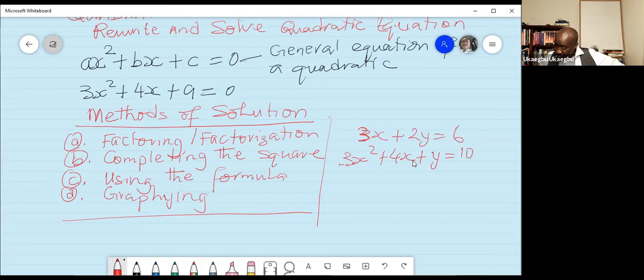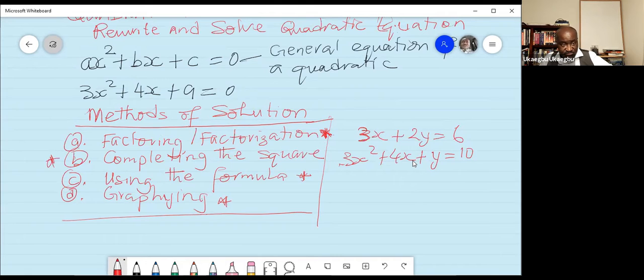So now, while we were bridging the gap, we used factoring, we used the formula, and we also used partly graphing, not fully. So the only method we have not used in this class is completing the square.